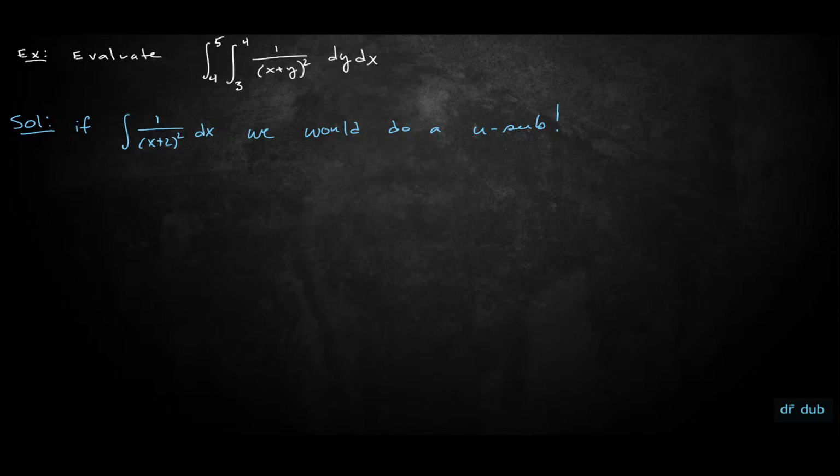We would let u equal x plus 2, and then du would be dx. So basically, if we had a variable plus a constant, we would do a u sub to evaluate this integral. Well, that's exactly what we have here if we're considering y to be the variable and x to be the constant. So let's do a u substitution to basically turn this into 1 over u squared.